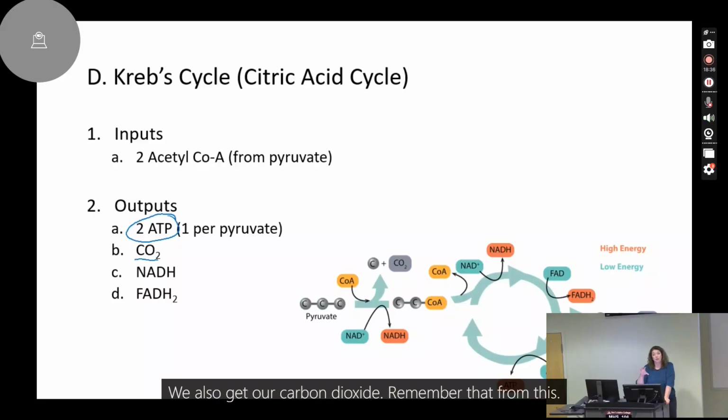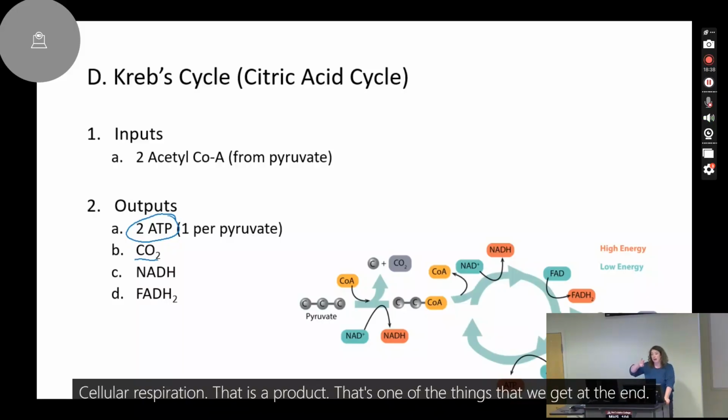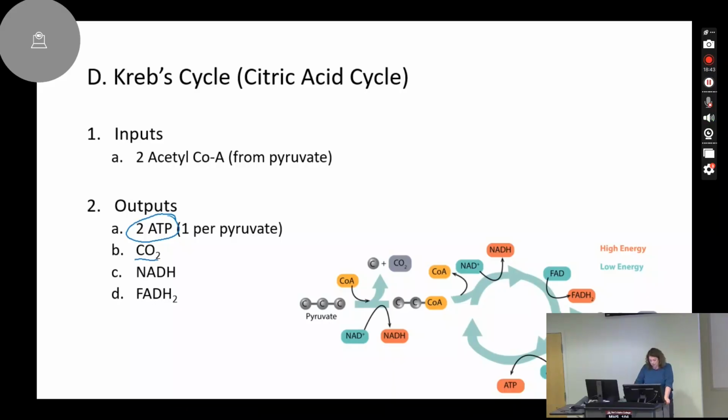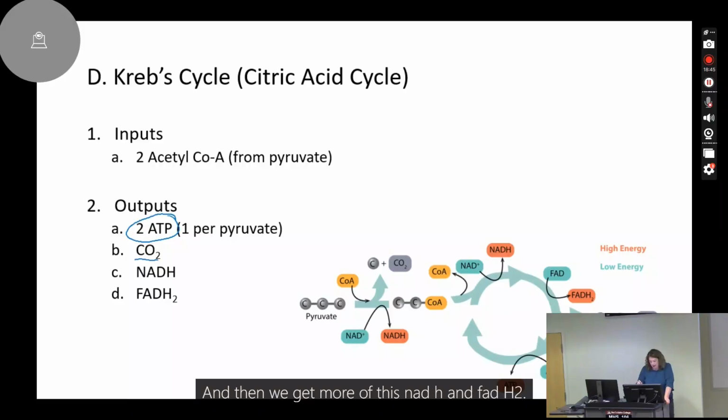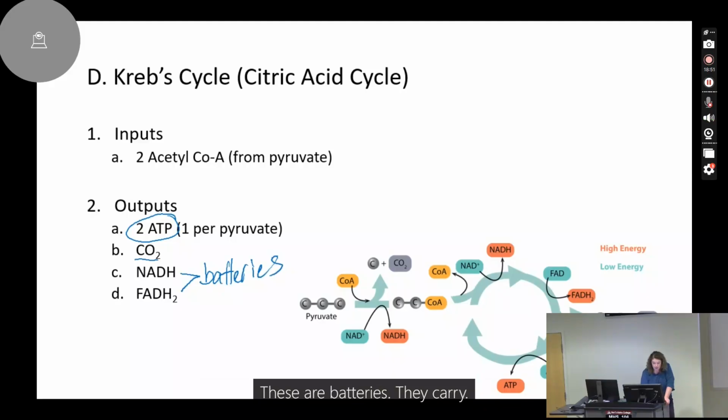Remember that? For cellular respiration, that is a product. That's one of the things that we get at the end. And then we get more NADH and FADH2. These are batteries. They carry electrons. Okay?